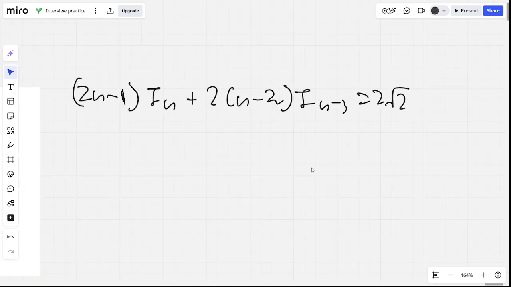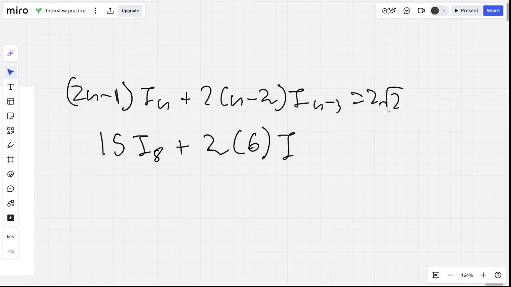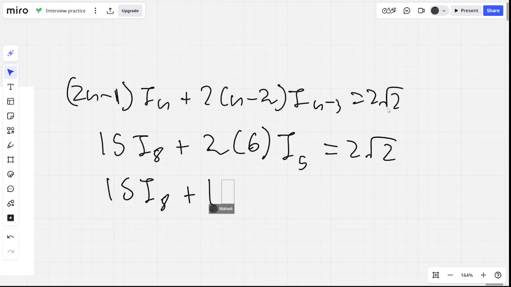How can I do this? If I plug in 8 here, I will get 16 minus 1, 15 I8, plus 2 times 8 minus 2, 6 I_(8 minus 3), which is I5. So my next thing is working out what I5 is.